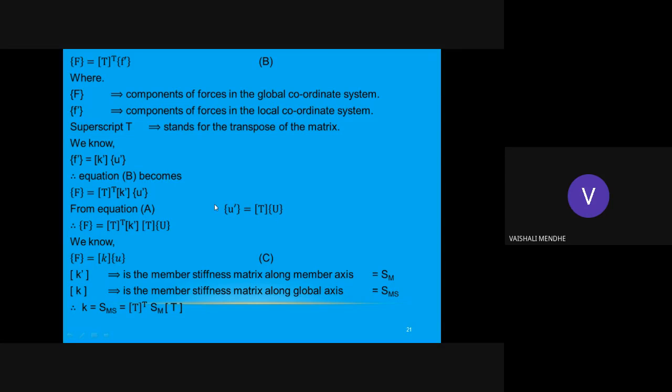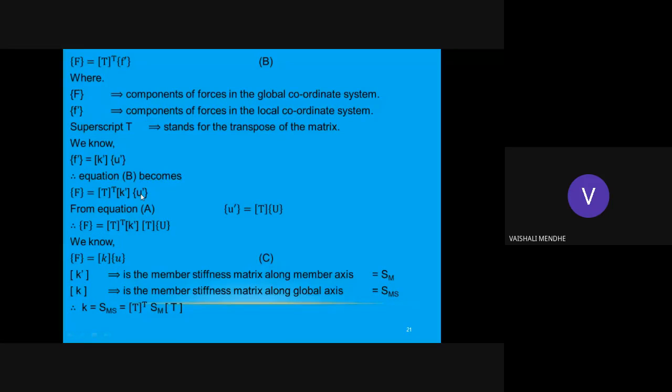So local displacement is equal to transformation matrix into the global displacement. If you put this relation in the above equation, you will get T transpose k dash into u dash, and you substitute u dash with T into u. So this is the local displacement.